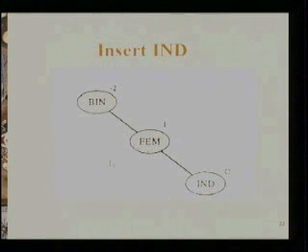Over here it is 0 minus 1, that is minus 1. But in this particular case, what is the balancing factor? The left subtree has a height 0 and the right subtree has a height 2. That simply means the balancing factor is minus 2, and this is not allowed. So what do we do?